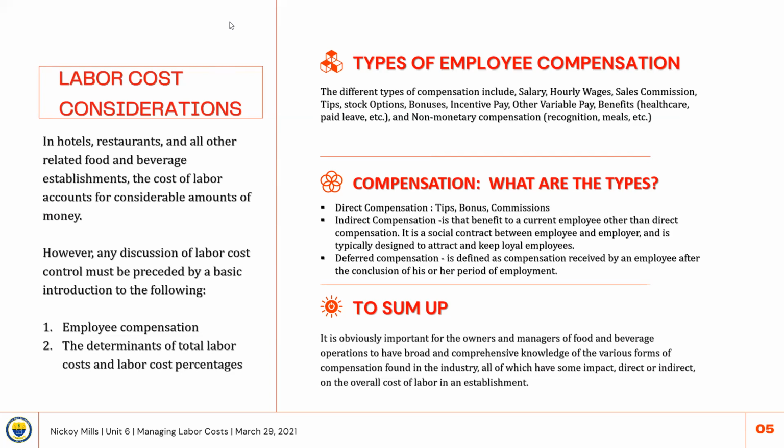Let us start with the definition of compensation. Because labor cost or employee compensation consumes such a major share of sales dollars in food and beverage operations, it is important to understand the various components of labor cost before proceeding to the discussion of labor cost control.